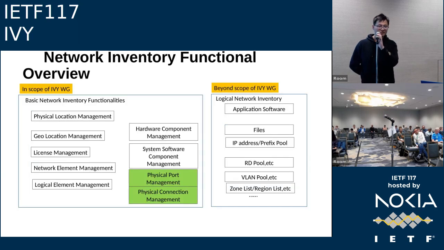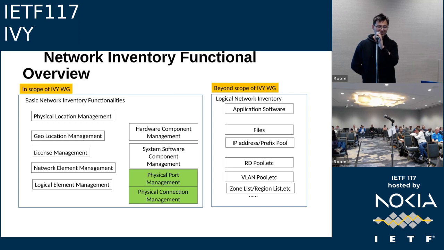So based on this network device architecture, you can think about what is in the scope of the IVY core model, such as physical network element, but also logical network element. And each network element comprises hardware components and also system software components, not all the software components.